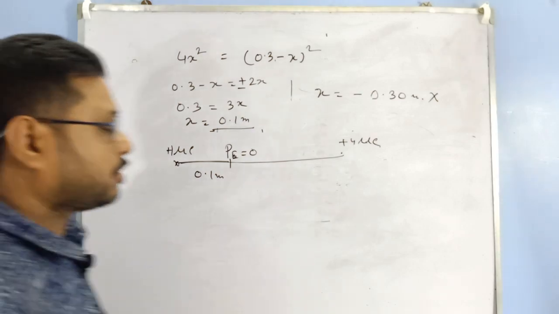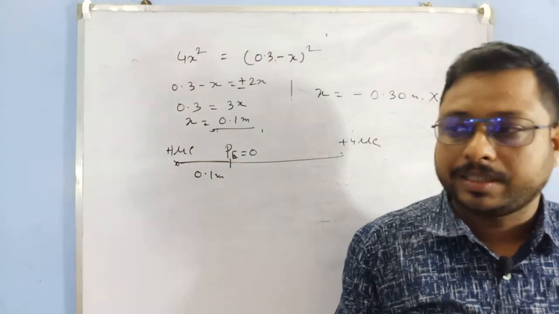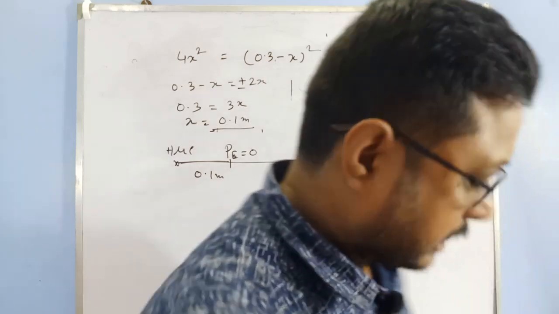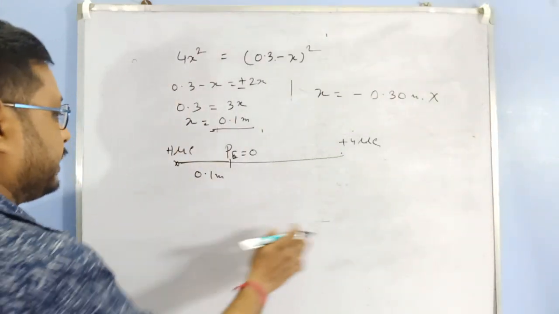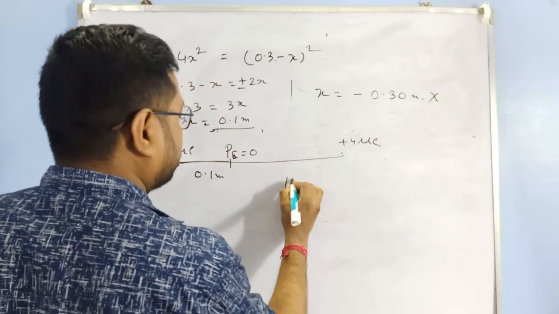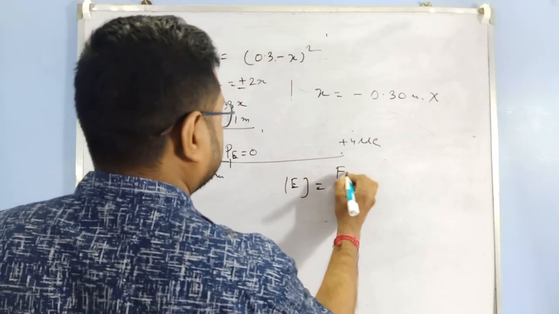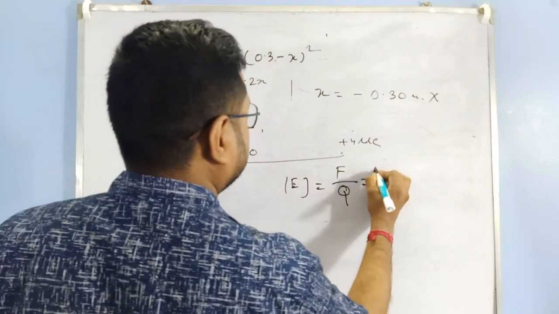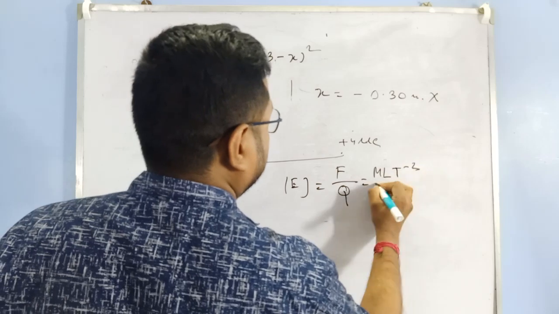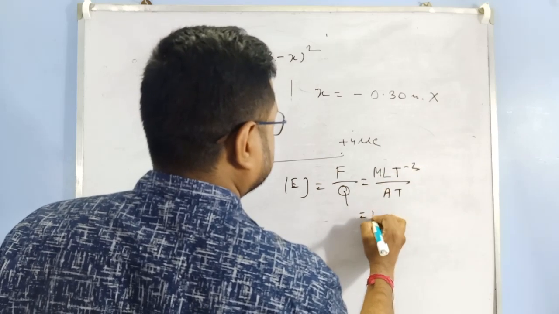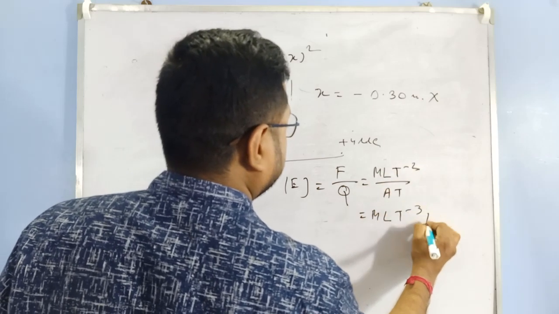In this way we can solve any numericals related to electric field intensity. Also, the dimension of electric field is given by force by charge. The dimension of force is M L T minus 2, and charge is A T, so the dimension of electric field is M L T minus 3 A minus 1.